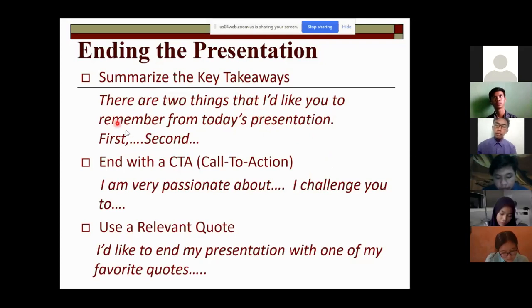All right, this is to review all your materials. Or the second step, end with a CTA. CTA is the abbreviation of call to action. It means that you, as a presenter, are also a good motivator. You ask your audience to do something by saying, for example, "Well, ladies and gentlemen, I'm very passionate about leadership, so I challenge you to be a good leader."